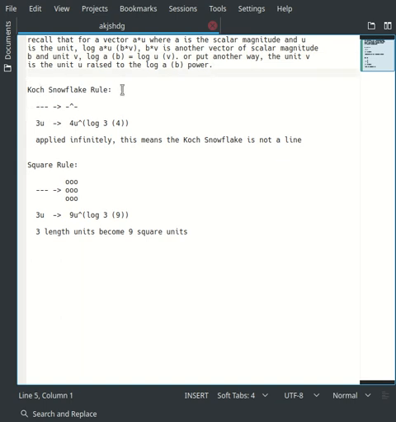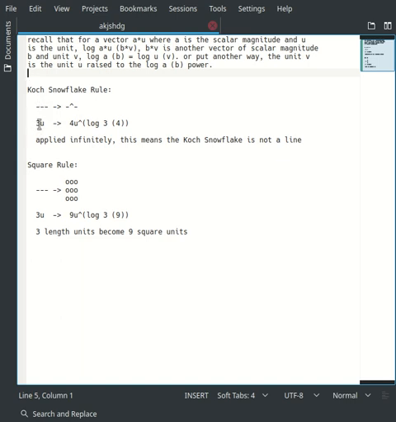So the Koch snowflake rule is we've got these three lines and they get converted into four lines of the same length, right? But it's not really lines anymore. See how it kind of bent up in another direction? So it's not a straight line anymore, right?